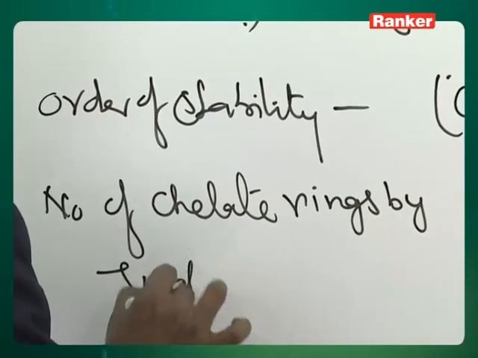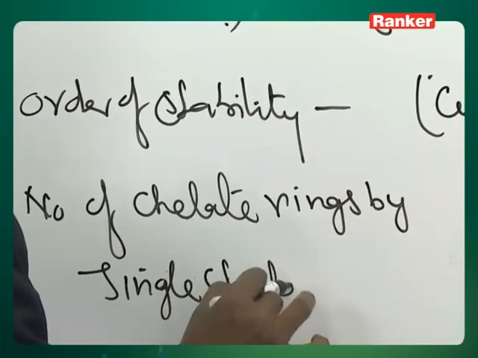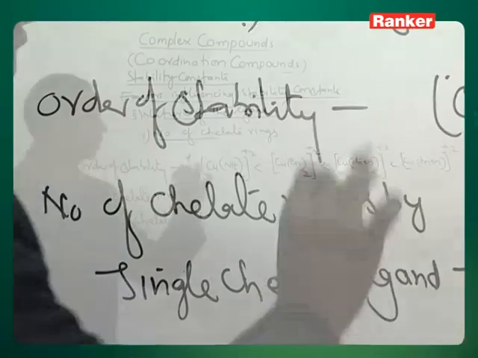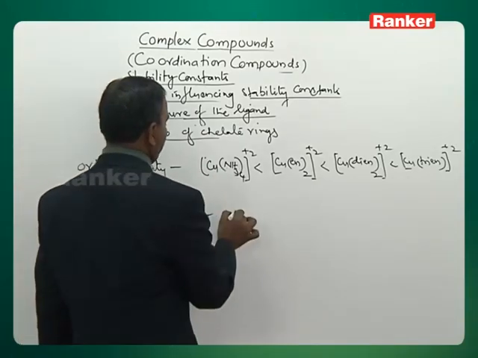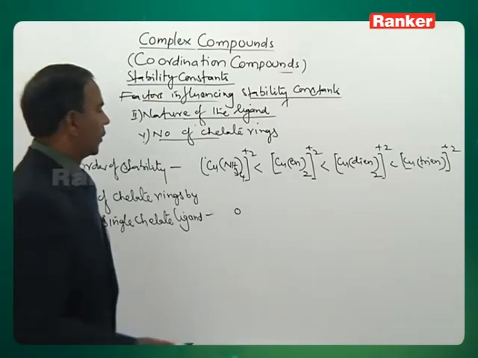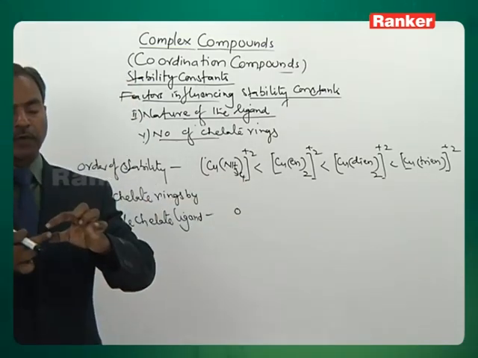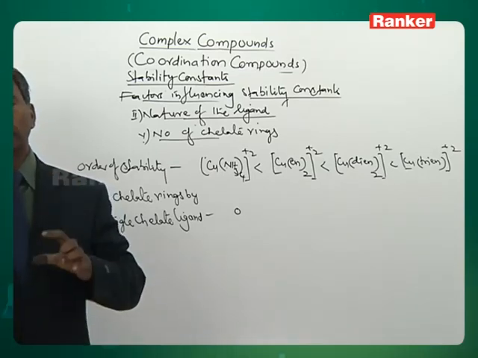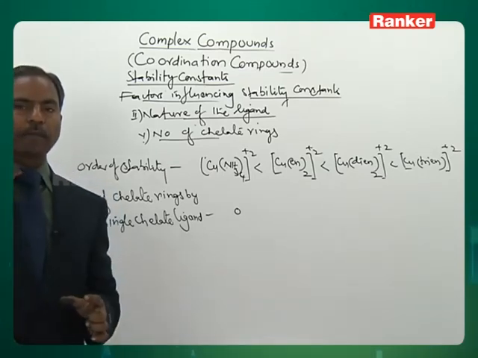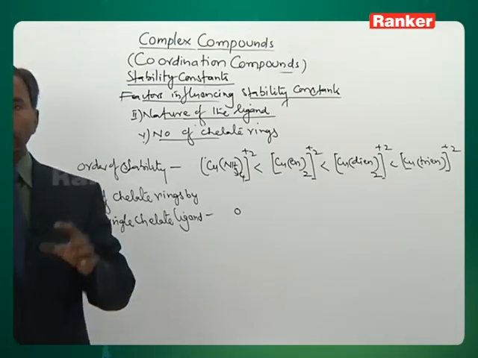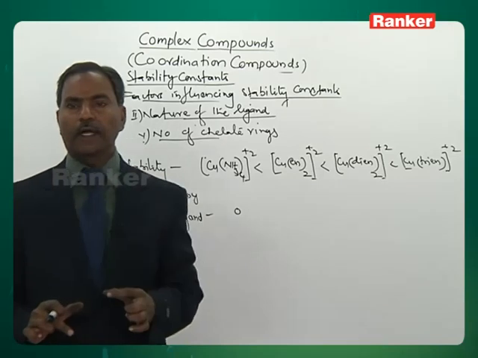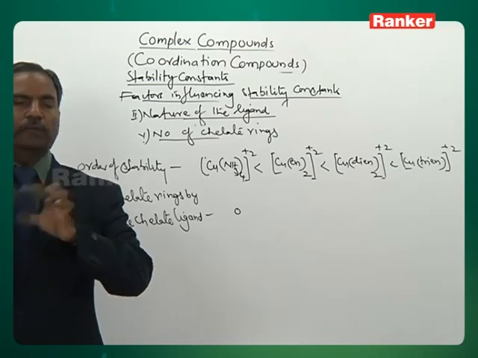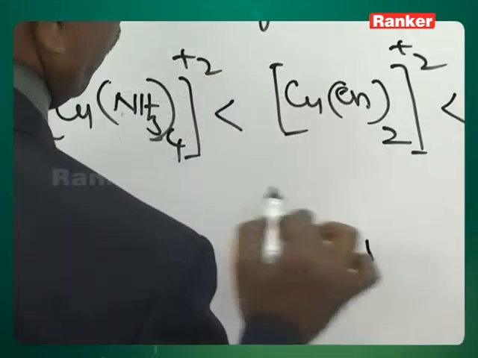The amine ligand is monodentate, so no ring. But for ethylene amine, 2 donor atoms are there, it can form only one ring. Number of chelate rings by a chelate ligand equals number of donor atoms minus 1. So ethylene amine, 2 donor atoms, can form only one ring.